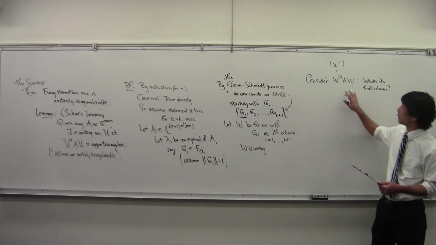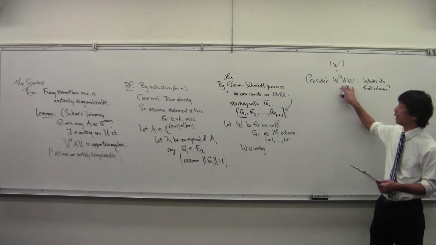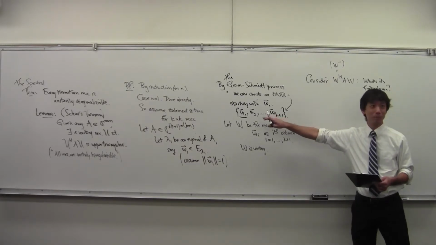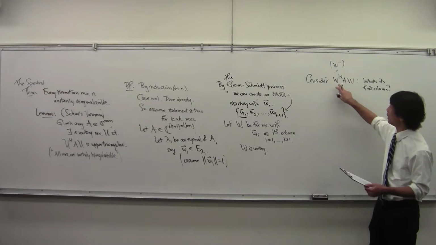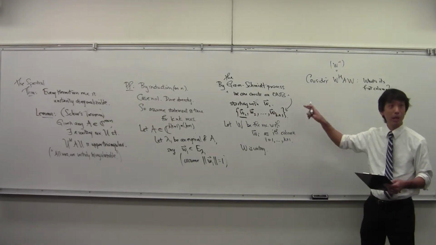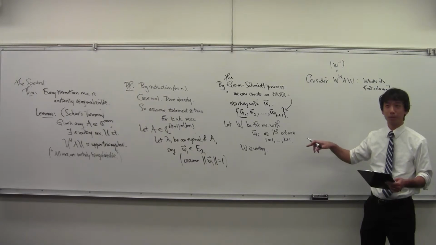We're basically taking the matrix representation of A with respect to this orthonormal basis. What's it going to look like? The first column of W is w1, which is an eigenvector.